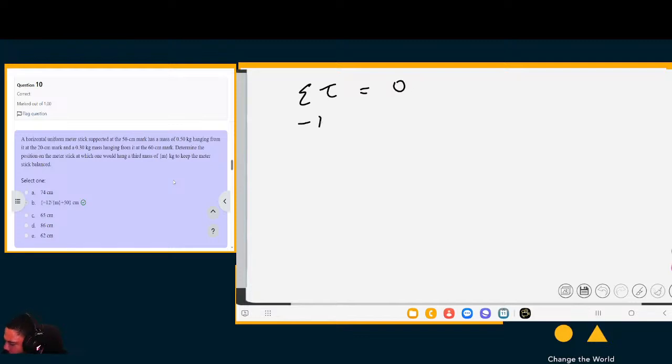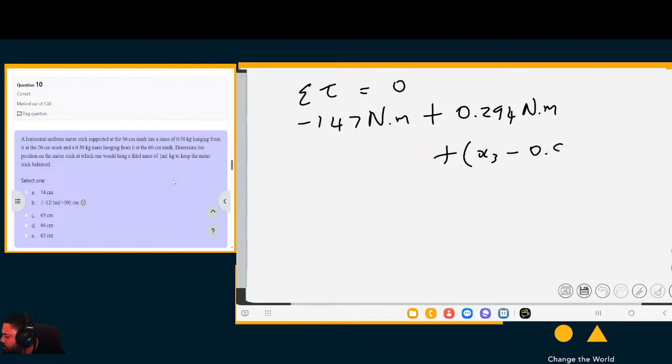So negative 1.47 Newton meters plus 0.294 Newton meters, plus some distance away, x3 minus the pivot point, multiplied by the weight m times 9.8.